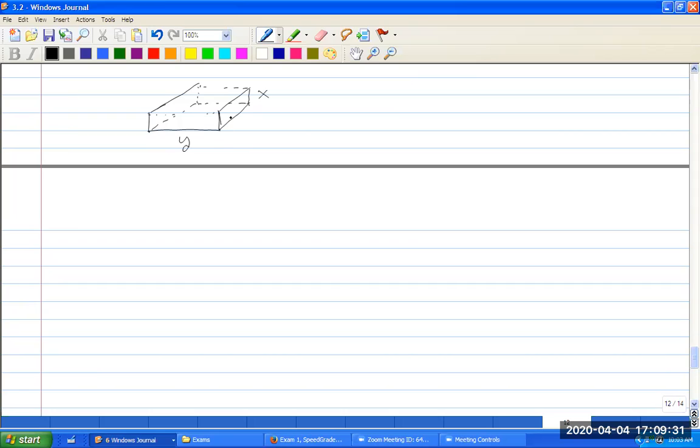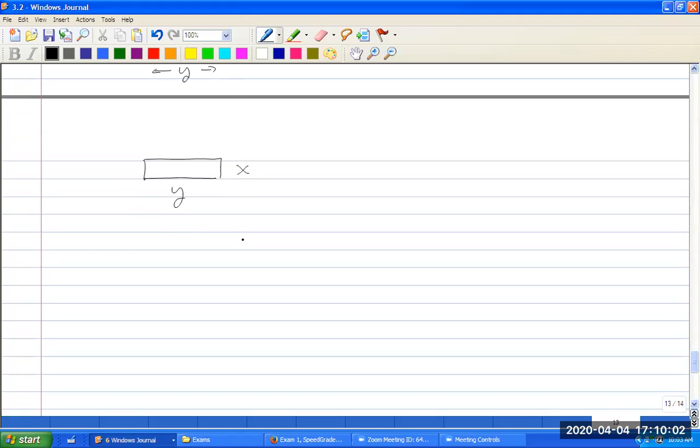Actually, this thing here is x, and this is y. Oops, of course I wrote it the wrong way. This is y here, and this is x. So I want to maximize this area.